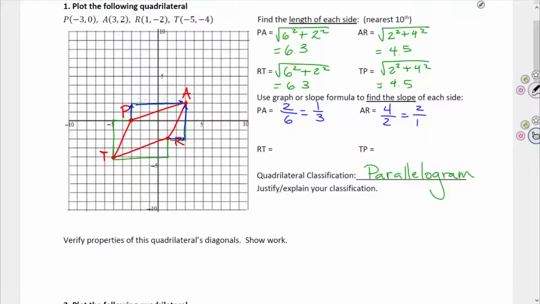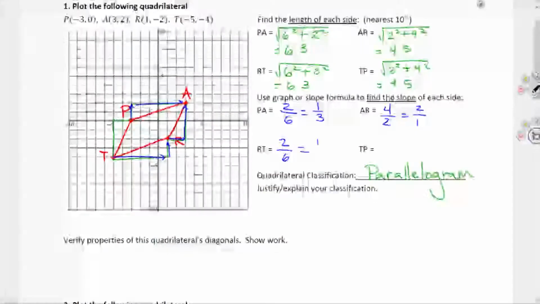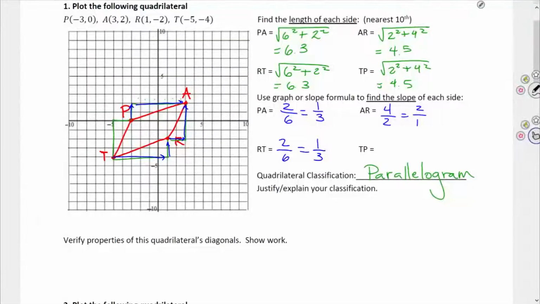Notice that 1/3 and 2 are not negative reciprocals. That's what I would need to have it to be a rectangle. So for TR, I again have a run of 6 and a rise of 2, so I get a slope of 1/3. And TP, I have a rise of 4 and a run of 2, so I get a slope of 2/1.